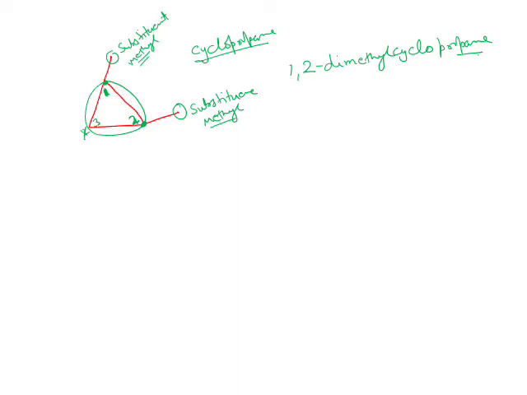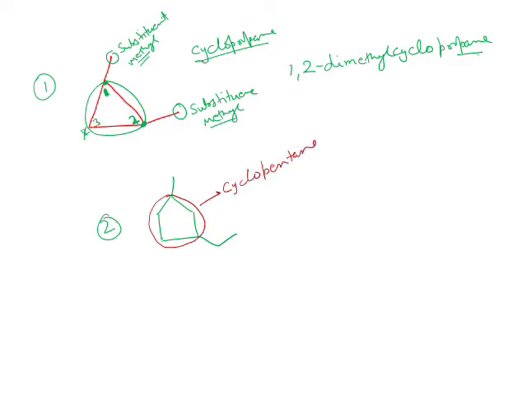Let's try the second example. Now this is your second example. How do you name this cyclo compound? So if you see over here, you have 2 substituents. This is your cyclo compound, which is cyclopentane.